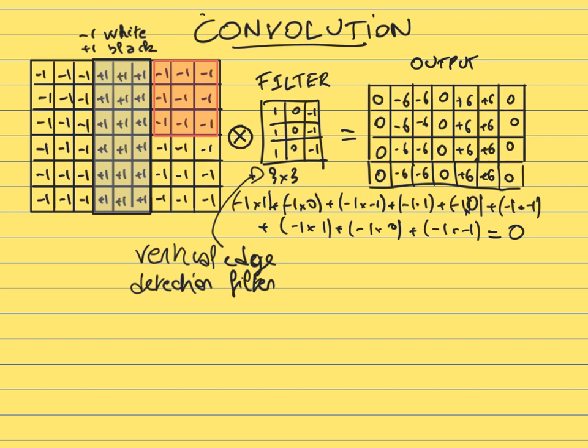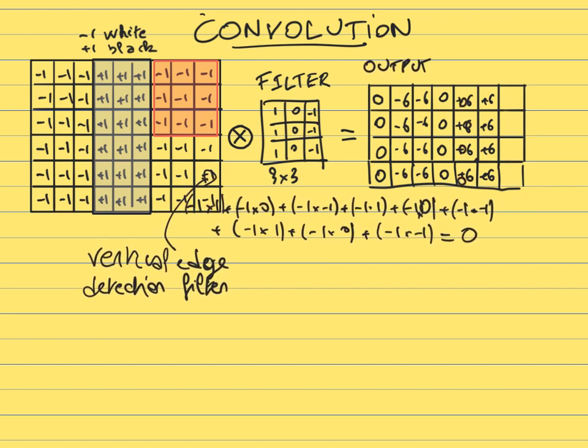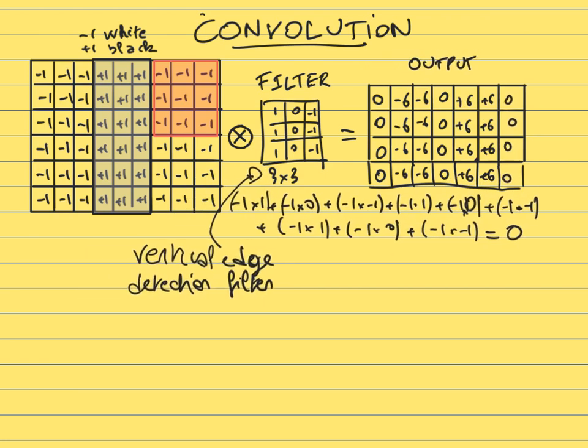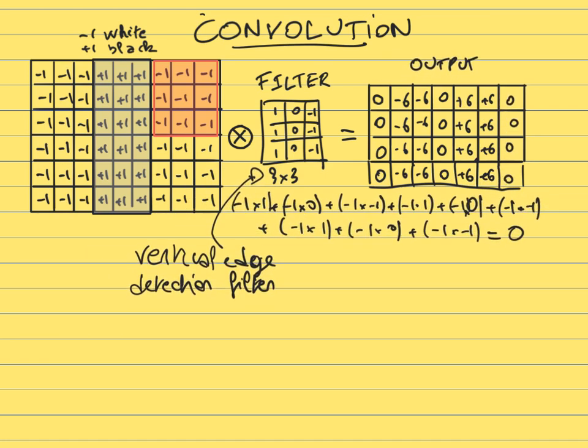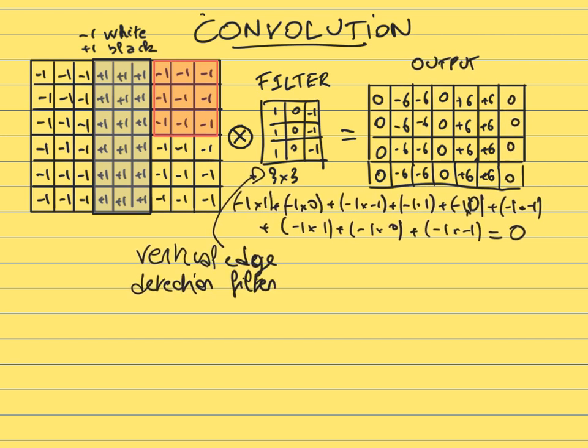And detecting an edge, in this case, means that the pixels are not the same on the left and on the right.